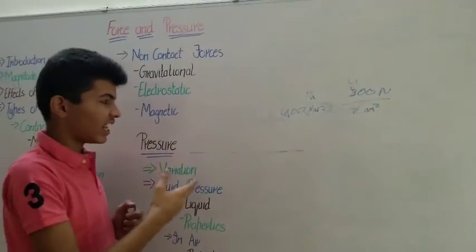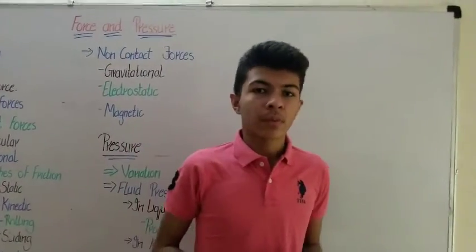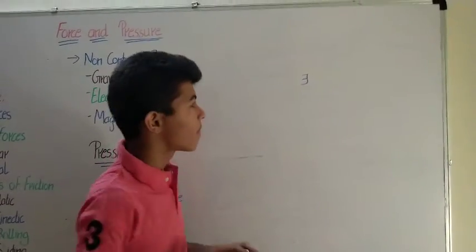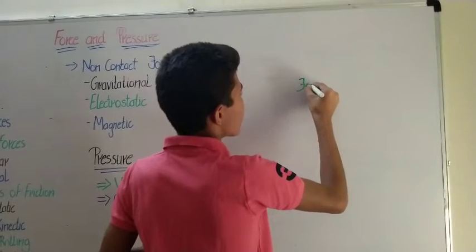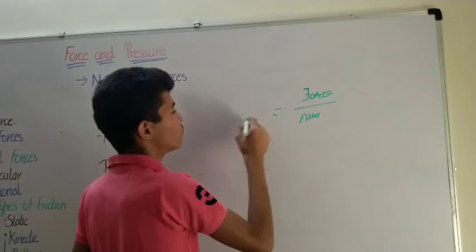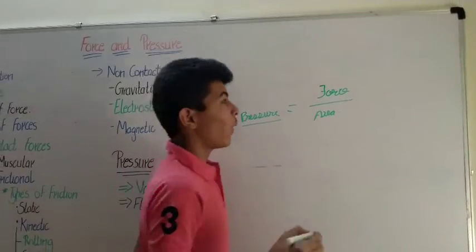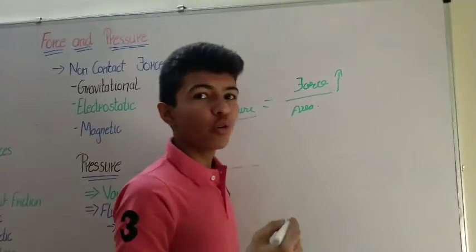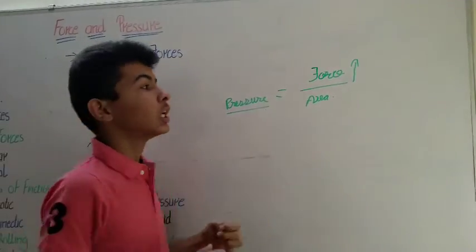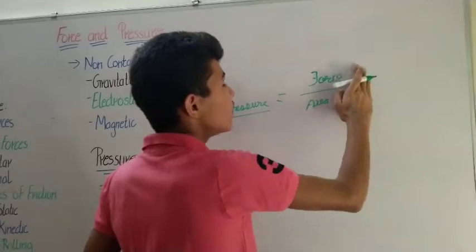Now let's see the variation. What are the different variations that pressure follows? Force and area give pressure. When the force is increased, the pressure also increases, because on the same amount of area we are applying a higher force. But what happens if the force is decreased?